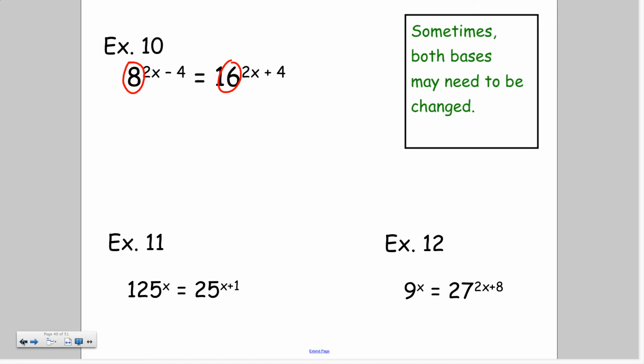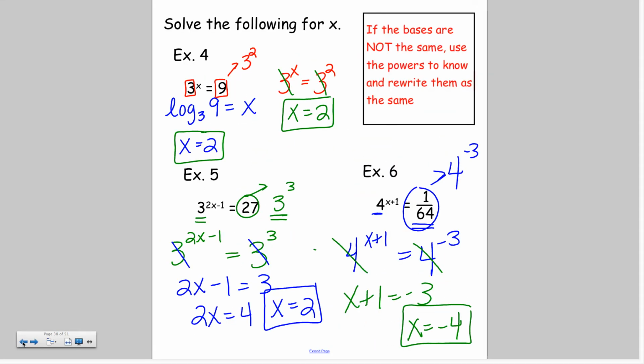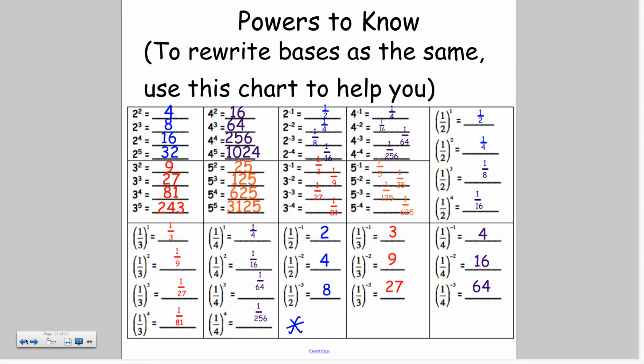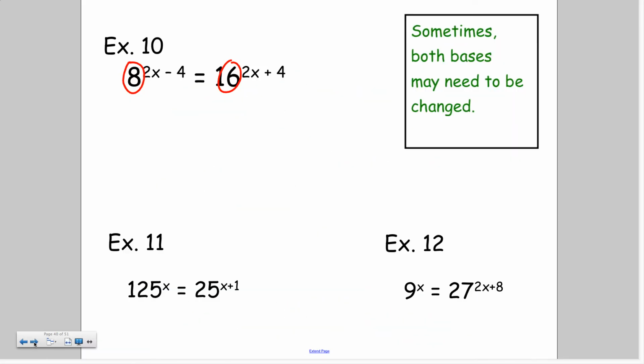If you go back to that powers to know chart, I look in my answers, the colorful answers, and I see an 8 and a 16 here. So that means I can rewrite those with a base of 2, which is the same. So I can rewrite 8 as 2 to the third, and I can rewrite 16 as 2 to the fourth. So now I've got the same base.